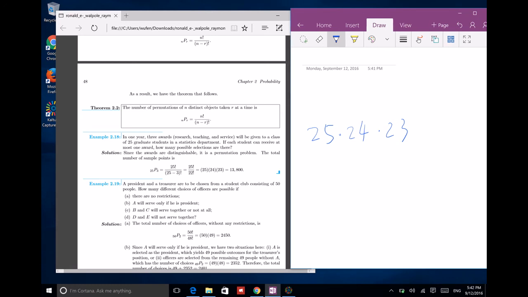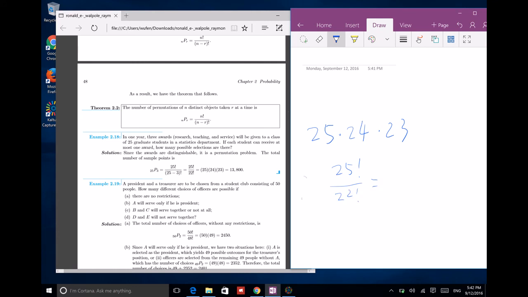Okay, and if we use that theorem, you can use 25 factorial over 22 factorial. That is P(25,3). What's the meaning of that?